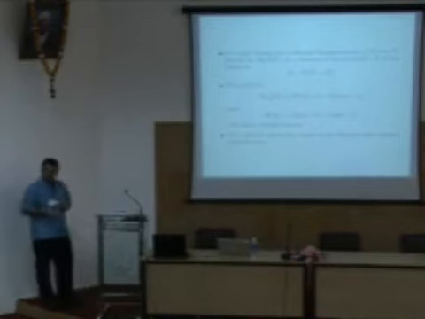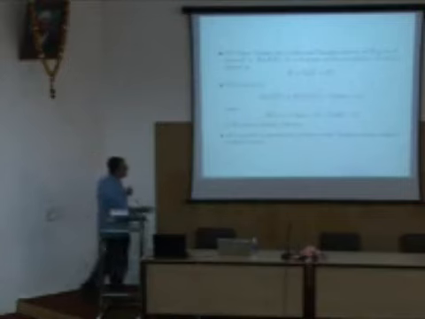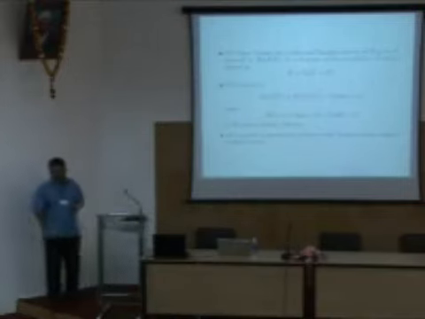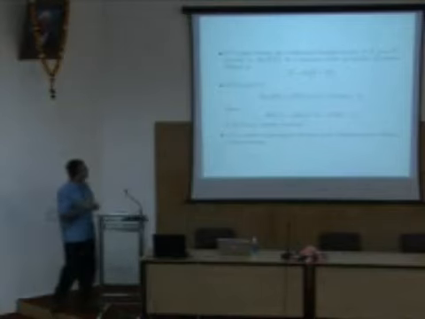Now, why is this inequality important? The reason it is important is that you have this celebrated Shannon's noisy channel coding theorem, and you can prove the weak converse of it using the classical Fano inequality.